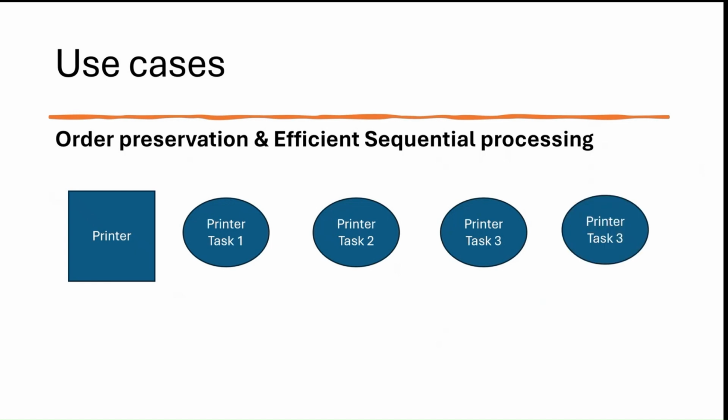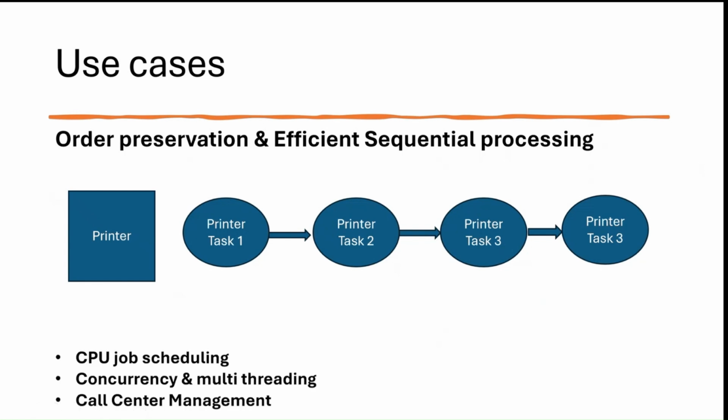So all these tasks are added to a queue by the printer processor, so that the printer functionality can be given to each task, giving priority to the task which came first. It will process or print that task first, right? So the ordering is maintained and the sequential processing happens based on first come first serve using a queue data structure, right?